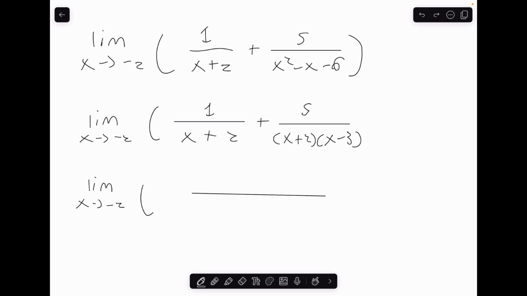So first, let's write the common denominator: x plus 2 times x minus 3. Our first expression there is missing x minus 3, so let's fill the need. Multiply x minus 3 to that 1 in the numerator. So 1 times x minus 3 is just x minus 3.